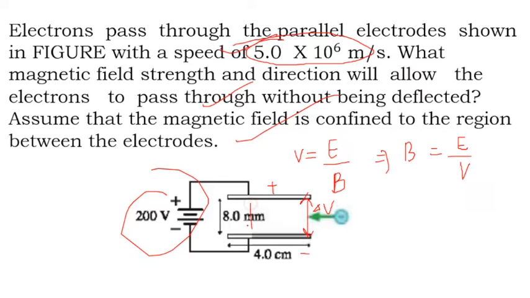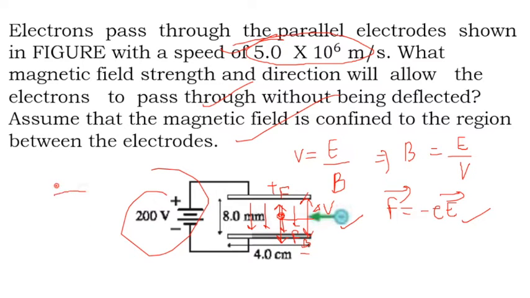So this is our electric field, and when the electron enters, because of this electric field our force will be upward, because for an electron the force will be equal to minus e into E. So the direction of force will be opposite to the direction of the electric field.